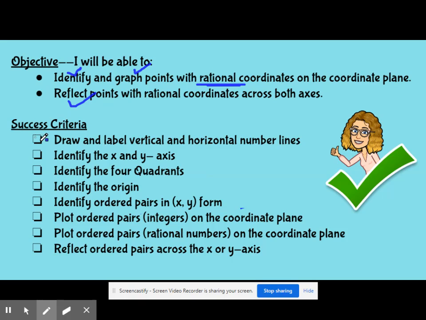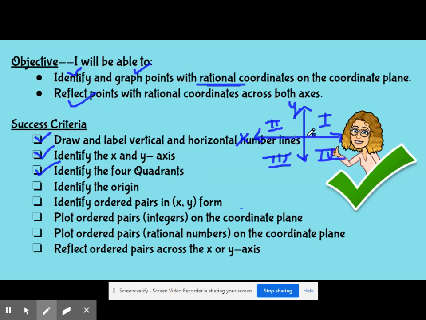So we know how to draw and label vertical, up and down, and horizontal across number lines. We know x is like a cross, it goes across. The y has a long tail, it goes up and down. We can identify the 4 quadrants. We have quadrant 1, quadrant 2, quadrant 3, and quadrant 4.